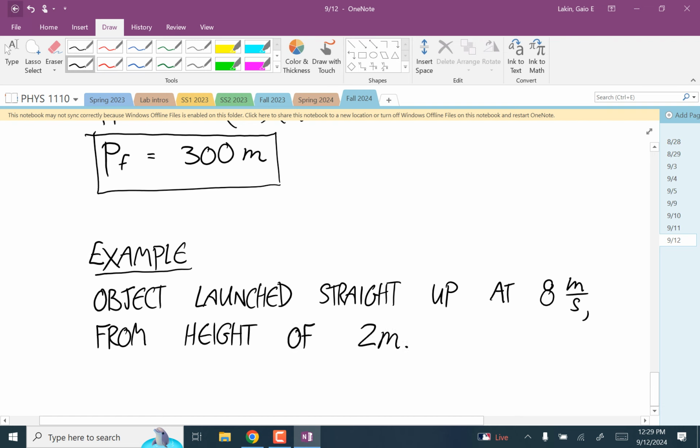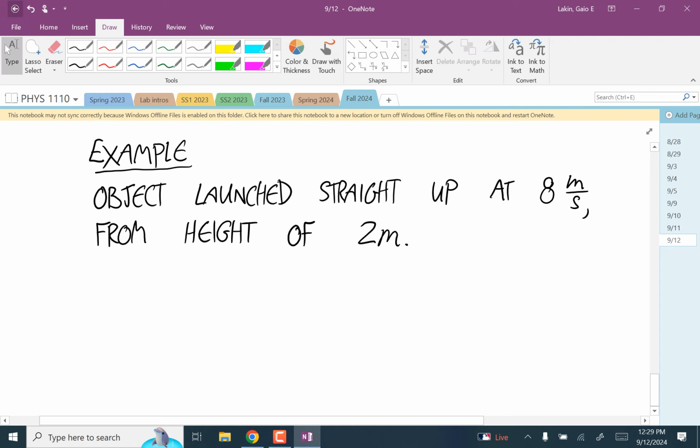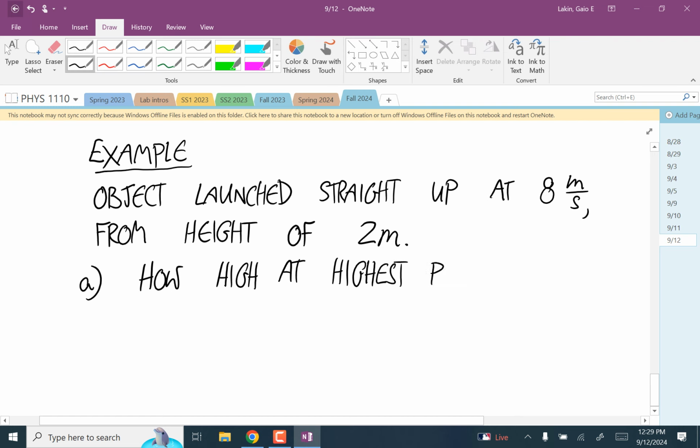So 2 meters off the ground. So the first question is, how high is the object at its highest point? Let's first go through this one, and then I'll go on to the second one. So just go ahead, take a few minutes and try to figure out how high the object is at its highest point.